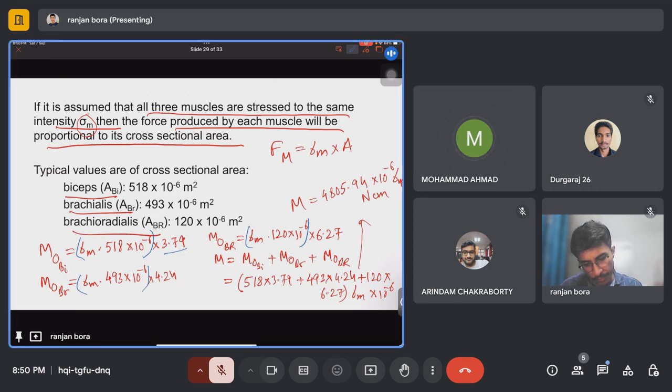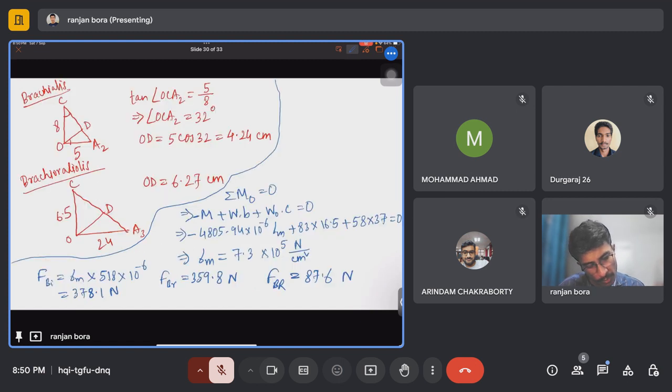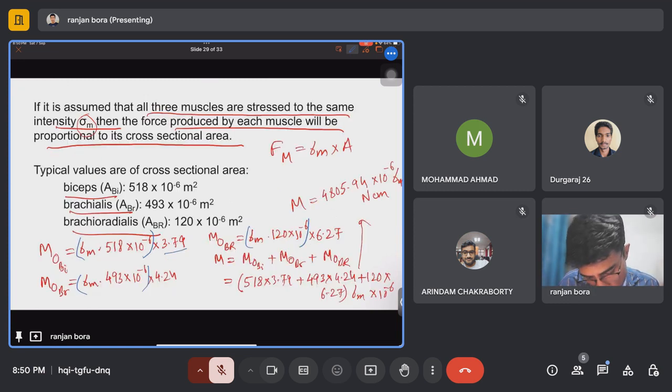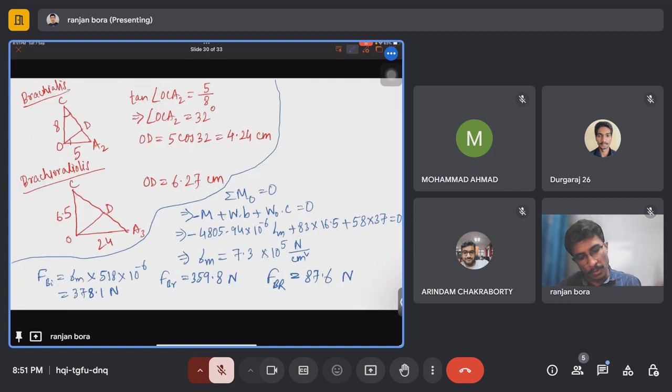Yeah, it should be in meter square. Okay, how much are you getting?